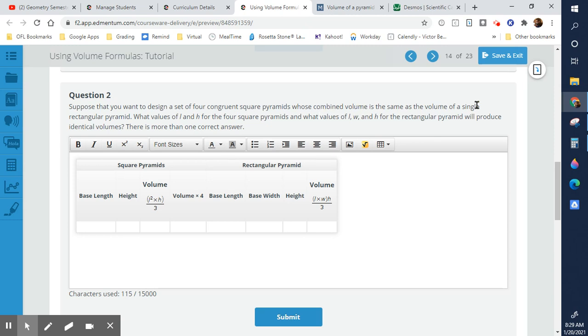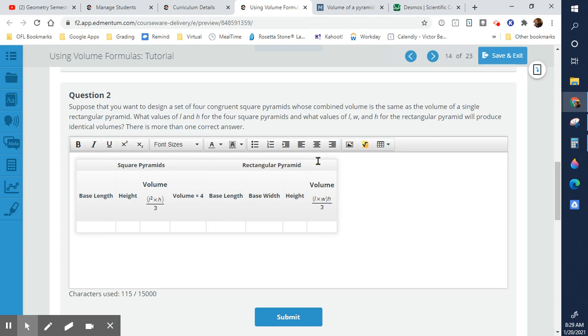Combined volume is the same as a single rectangular pyramid. How many values of each square pyramid? So I'm not quite sure what they want us to do here.